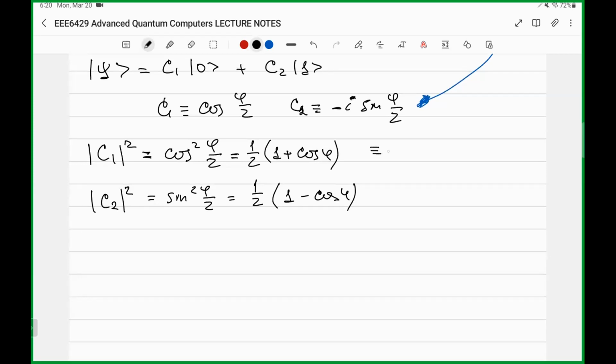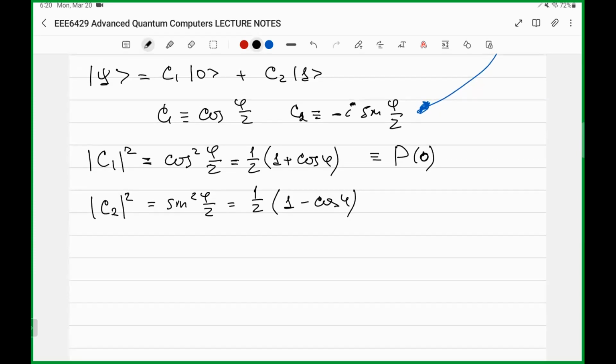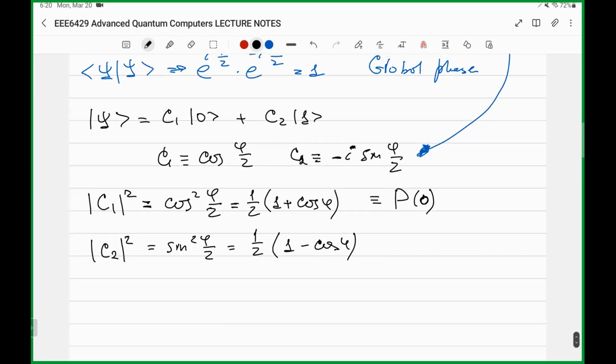So this is the probability of state 0. Maybe I should change these indices. So it should be C0, and this one should be C1. Right, so it's C0, C1, C0, C1.